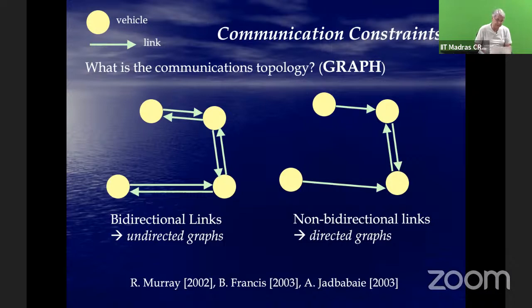So I'm imagining that the vehicles are part of a graph, sort of a network. So this is one vehicle, another vehicle, another vehicle. Sometimes they call them agents. And here you have what we call bidirectional links. So if this one talks to that one talks to that one. And here you have non-directional links. This is what people call undirected graphs. And here you have directed graphs.